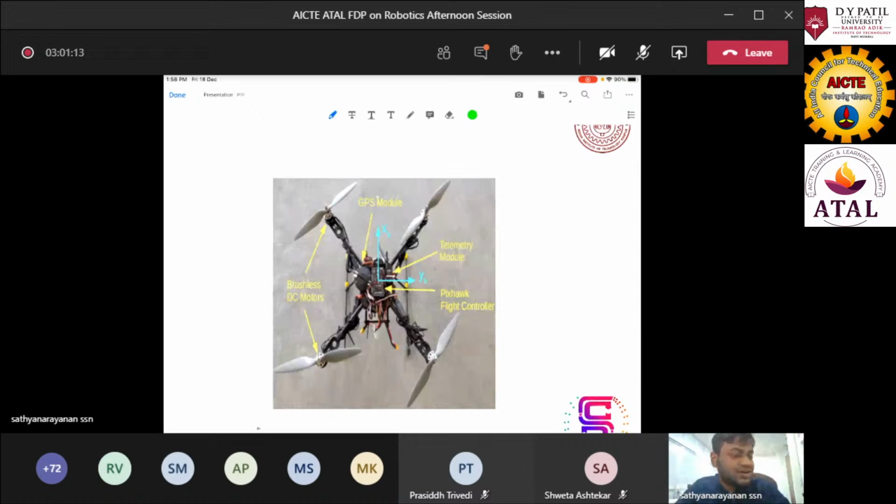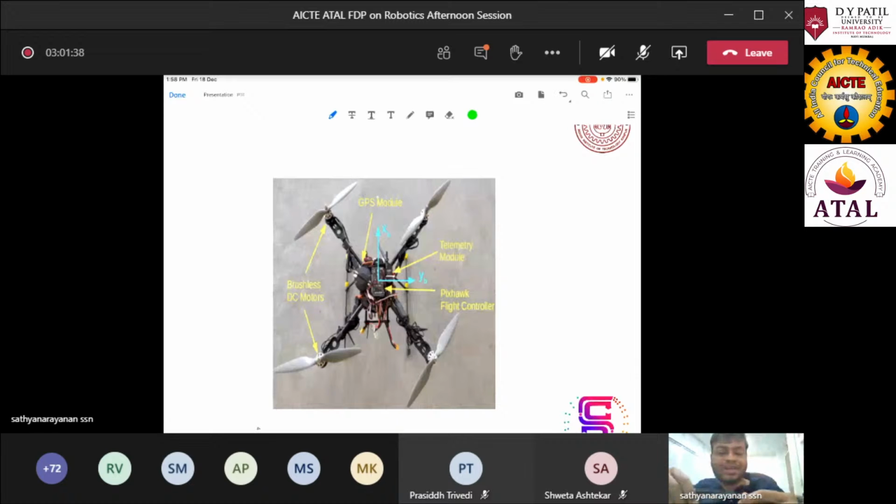So actually, in a quadrotor, there are two different rotations. Two rotors rotate in the clockwise direction, and the other two rotors rotate in the anti-clockwise direction. The reason is that if all of them rotate in the same direction, then the system is unstable.